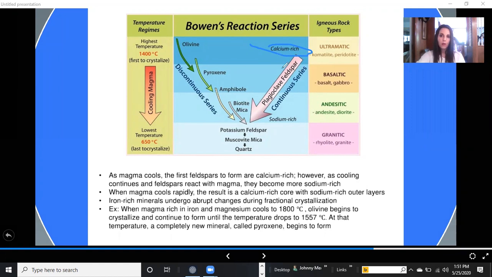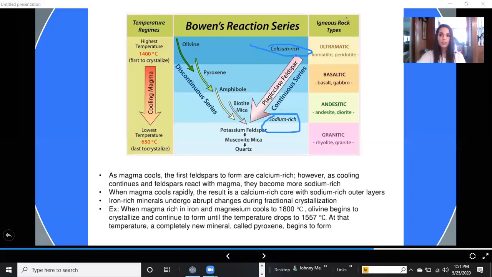The elements within the feldspars and the elements in the magma come together, and that makes them more sodium rich by the time they get lower in the crust. It's a gradual change over time.